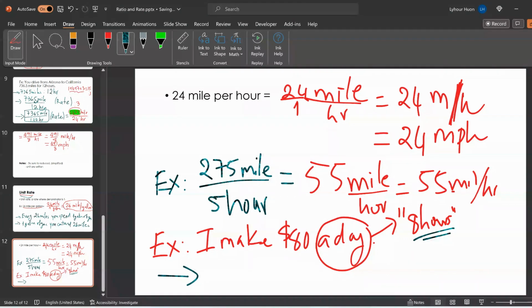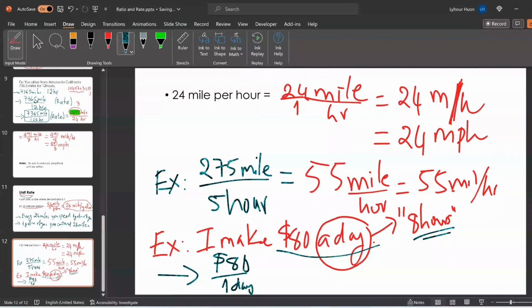So we can write it as $80 a day, which means $80 per 1 day. One day we work 8 hours.